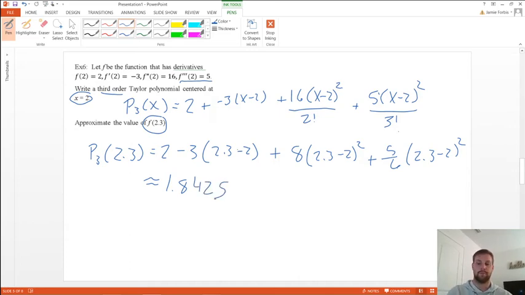So there you go. Again, using a different center to estimate points close to that center within the interval of convergence, if you will.